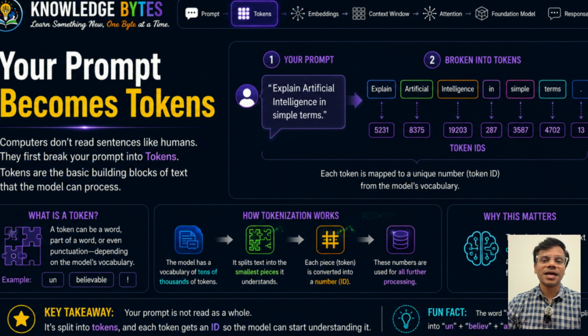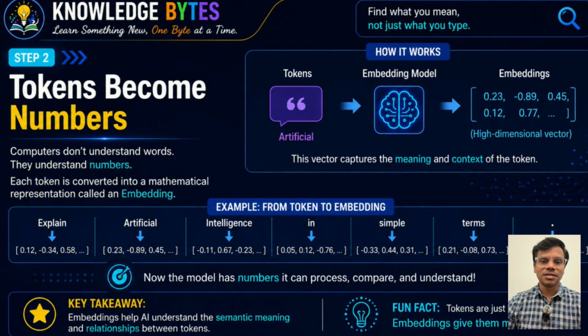Now that your prompt has been converted into tokens, the next challenge is helping the computer understand what those tokens actually mean. Words by themselves don't mean anything to a computer. Computers understand numbers, not language. So every token is converted into a mathematical representation called an embedding.